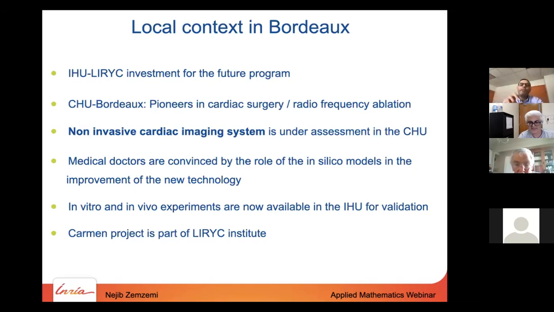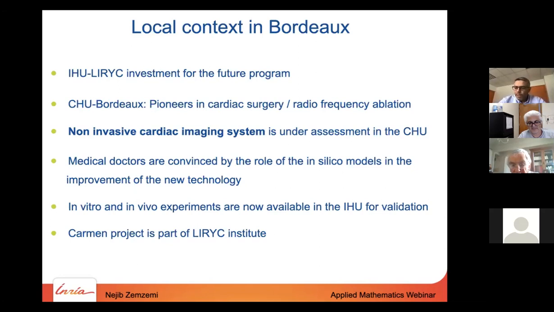In Bordeaux, the pioneers are in cardiac surgery and radio frequency ablation. Radio frequency ablation is a technique used to isolate arrhythmia in the heart. In Bordeaux, there is a non-invasive cardiac imaging system that has been under assessment in the hospital.